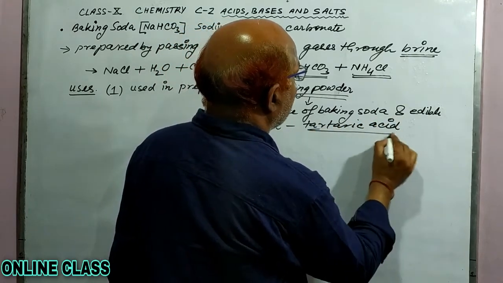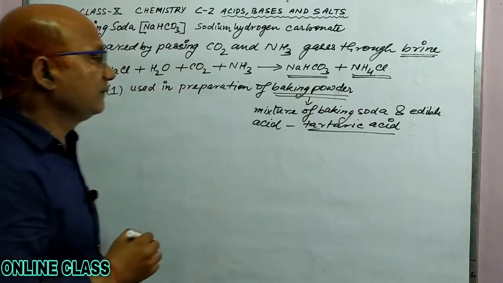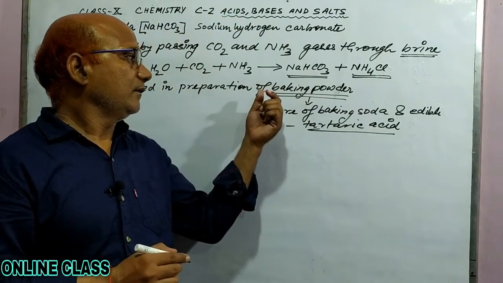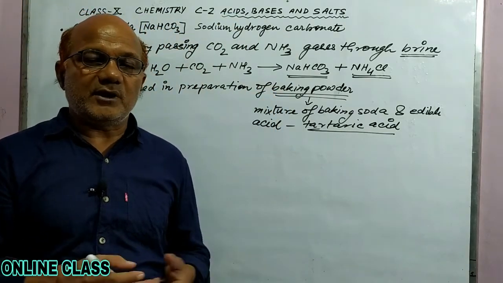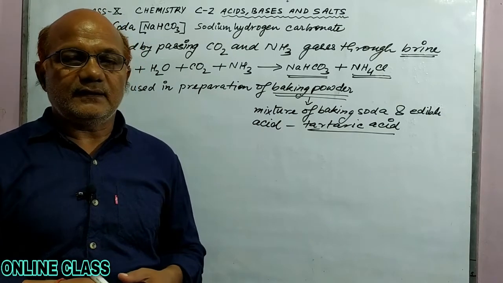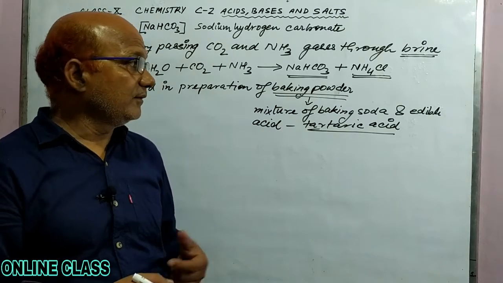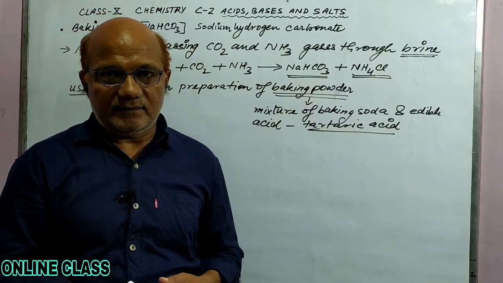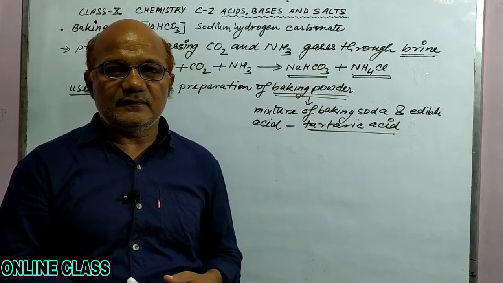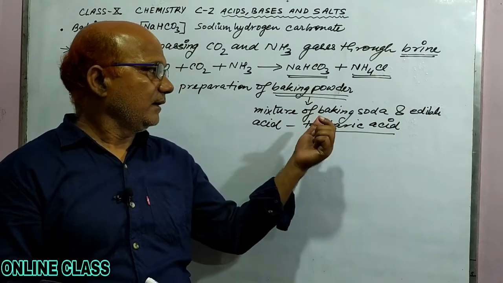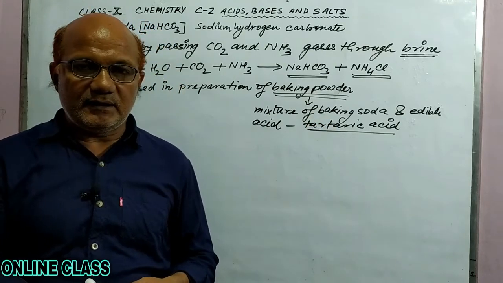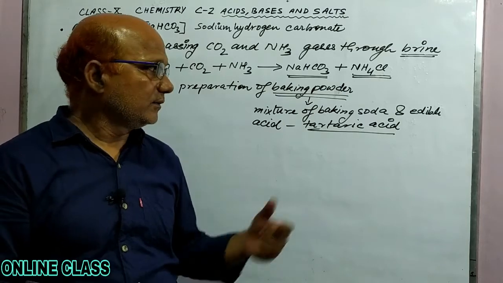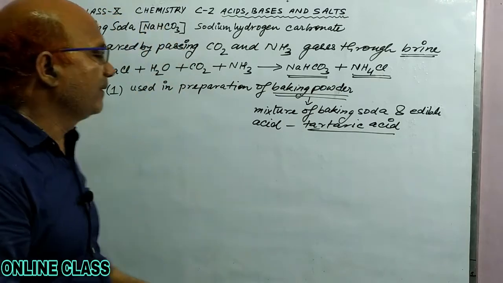Okay. So, if it is asked what is baking powder, so you can say it is mixture of baking soda and tartaric acid. Okay. Tartaric acid is organic acid, and it can be taken as food. So, it is edible acid.